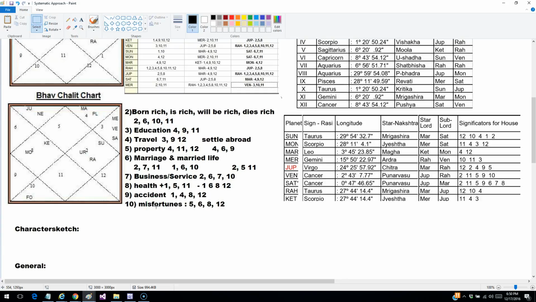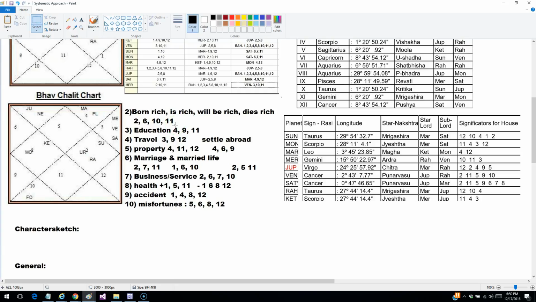So now you have the horoscope of your relative or friends, and you already have some information about various events in his or her life, and for some events you might have the date also. With this kind of data in your hand, first you have to prepare the list of questions, then the grouping of the houses.